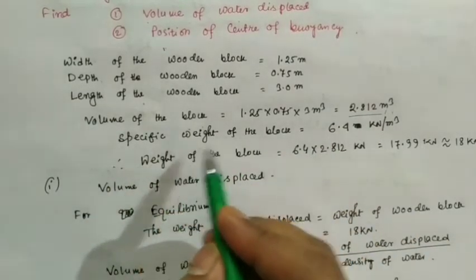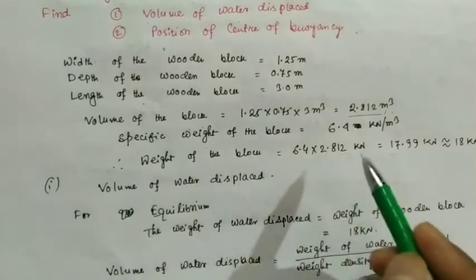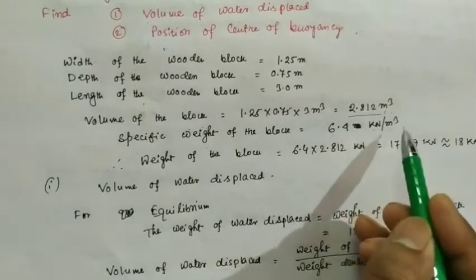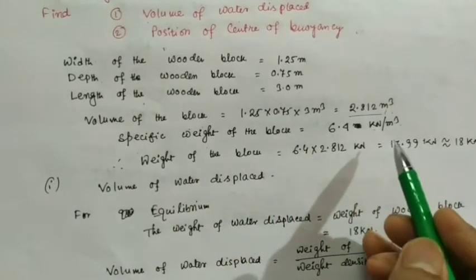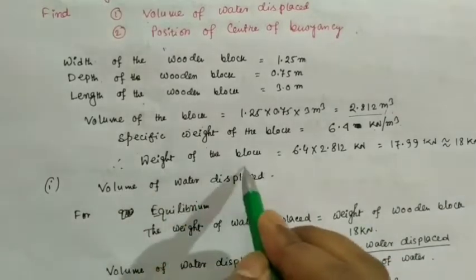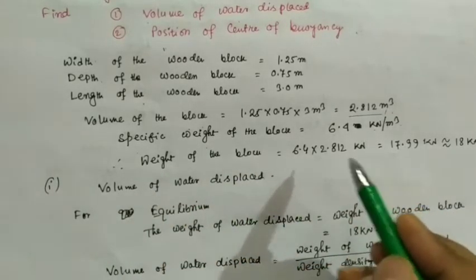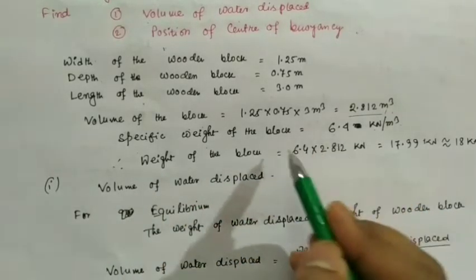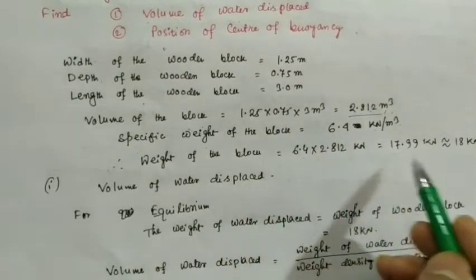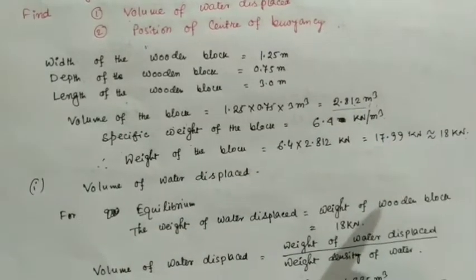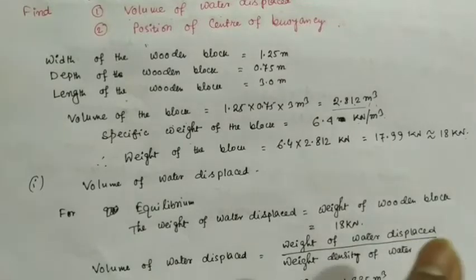Then as the specific weight is also given in the question, 6.4 kilonewton per meter cube, to find the weight of the block we multiply specific weight by the volume, and we got 18 kilonewton as the weight. So we found the weight of the body.